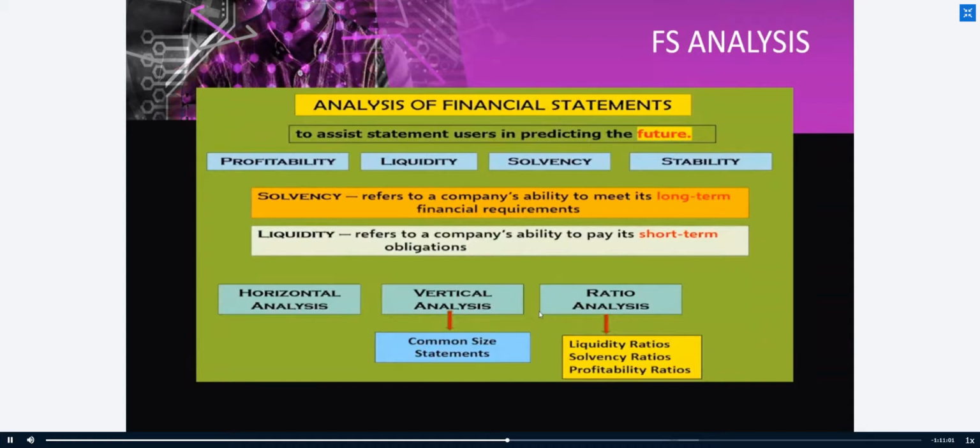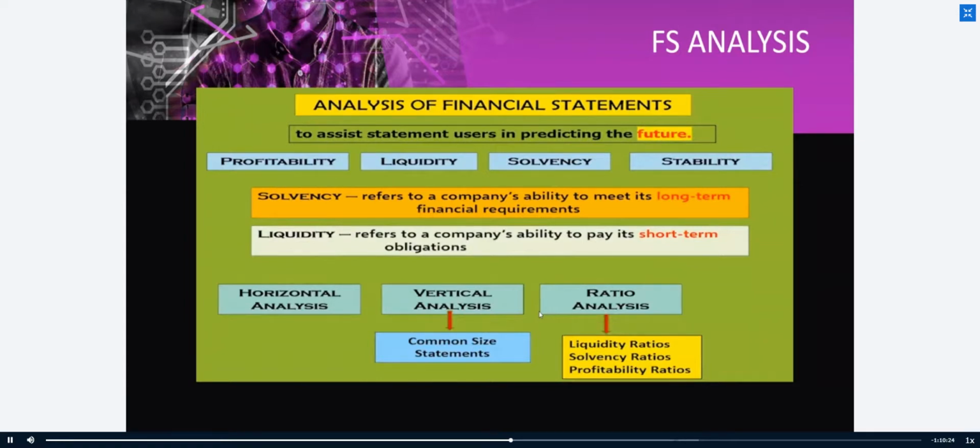Say, for example, you would like to check how you perform versus your competitors. If you're doing financial statement analysis of Shell Corporation, you would like to compare it with another oil manufacturing entity. You can compare it with Chevron. You can compare it with Petron.